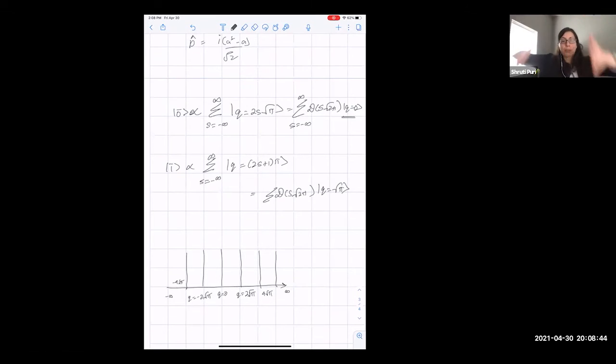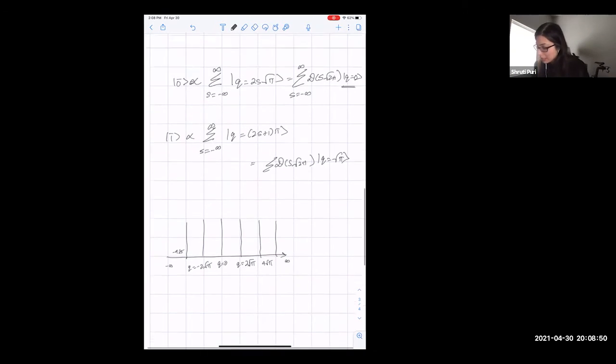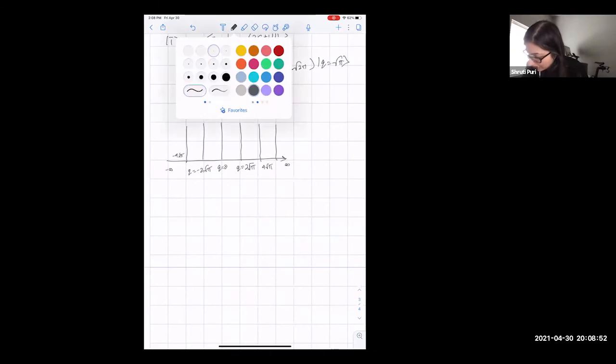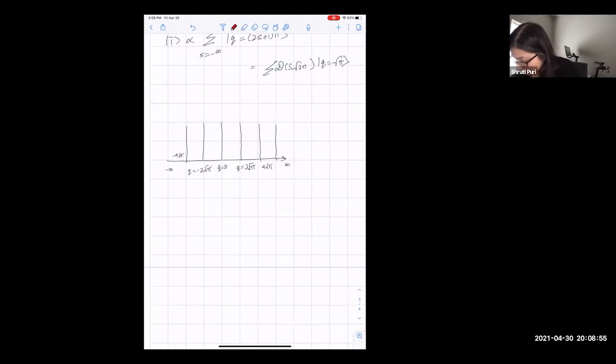So basically you have a comb of these squeezed states, a superposition of this comb of squeezed states that forms the logical 0 state. And the logical 1 state is going to have the orthogonal support. So it's going to be this guy here, which is Q equal to square root of pi, this guy here, and so on.